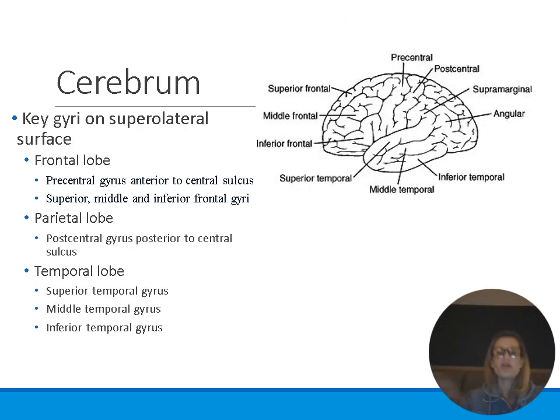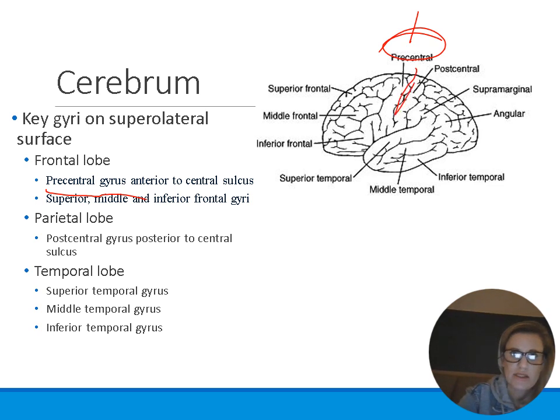The key gyri, which again, gyri are like the actual mass of the brain, the actual raised little portions of the brain. The key gyri, key regions can be named. And the reason this becomes important is because each area has its own function. So for example, the precentral gyrus. The precentral gyrus is this first area right in front of the central sulcus.